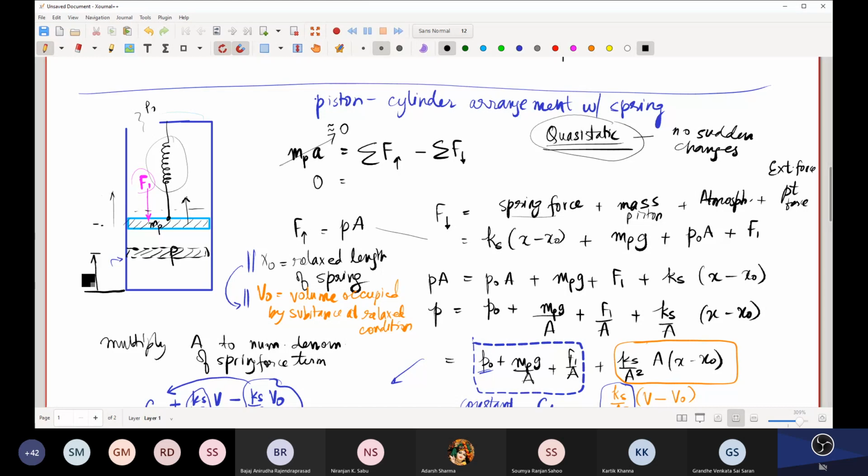So this is the distance x naught. So what is x naught times A going to be? I think I know what you're thinking. You're thinking from here I'm measuring x. I've already mentioned we are measuring it upwards.